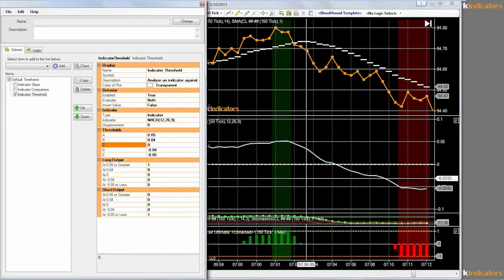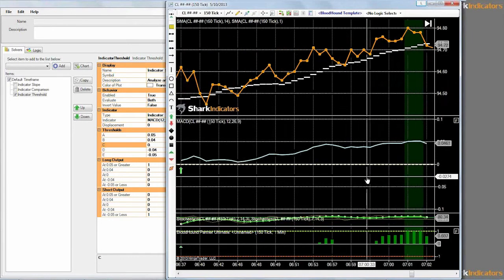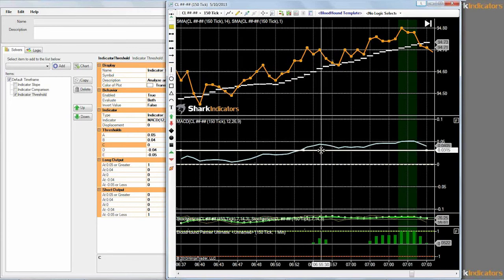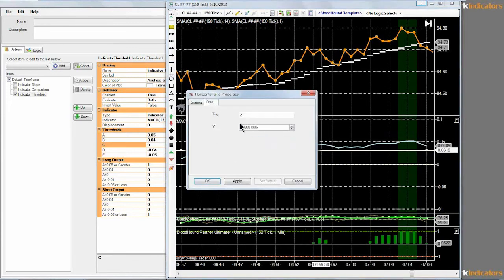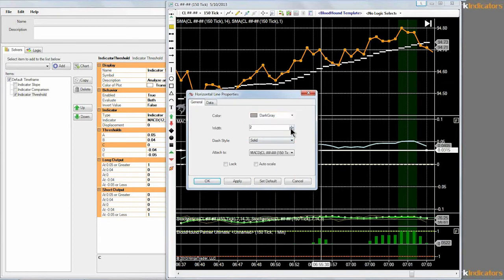And so now let's take a look at the longs here. And also, let me put a line on here. It's going to represent 0.04. All right, and there you go. There's a gray line that works good.